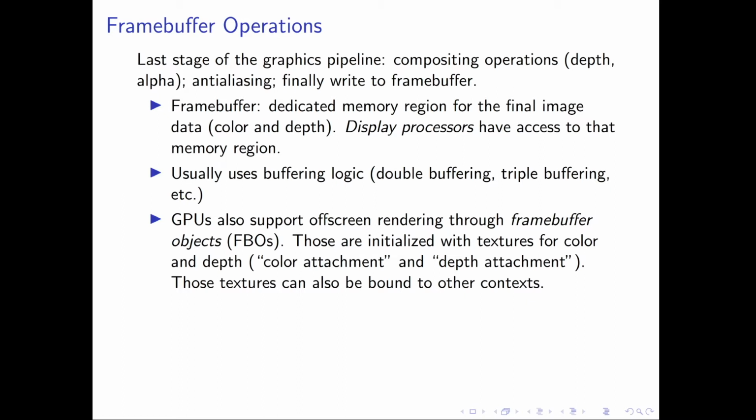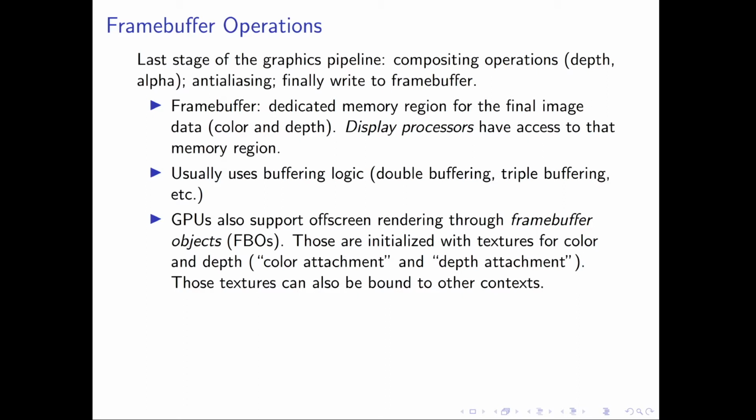And then finally, if the color of a raster point was determined, then it's finally written to what is called the frame buffer. And the frame buffer can basically be thought of as a dedicated memory region somewhere on the GPU, basically a staging buffer where the display processor can access the data in order to finally output the data to a screen, to a monitor, to a display that is connected to the computer via HDMI, for instance.